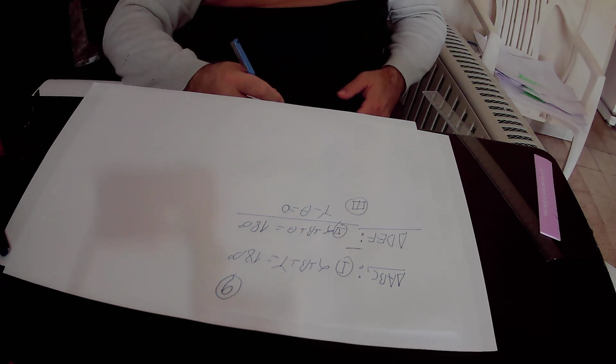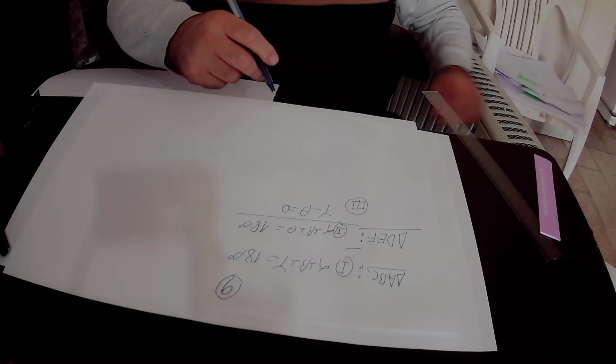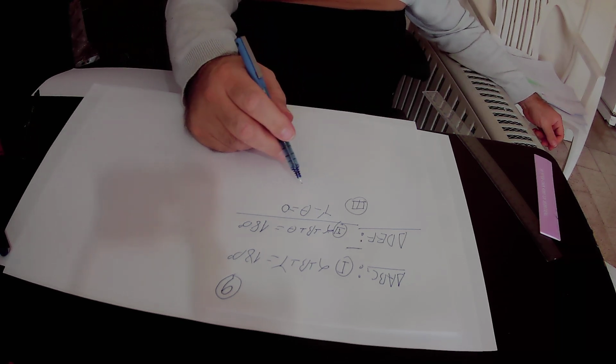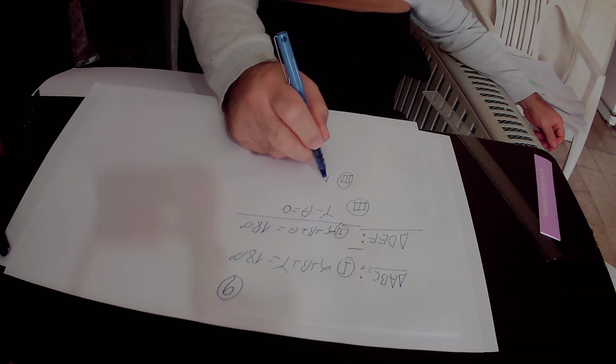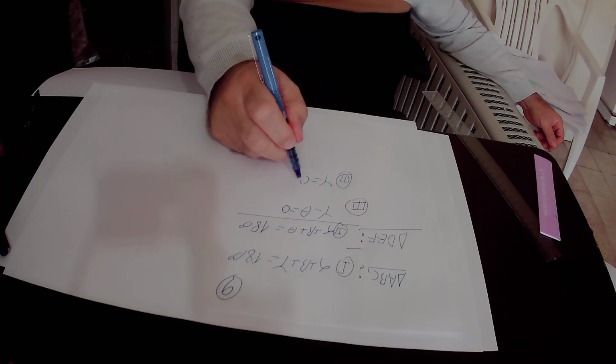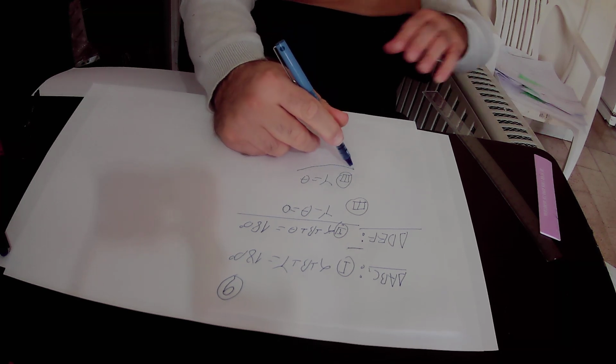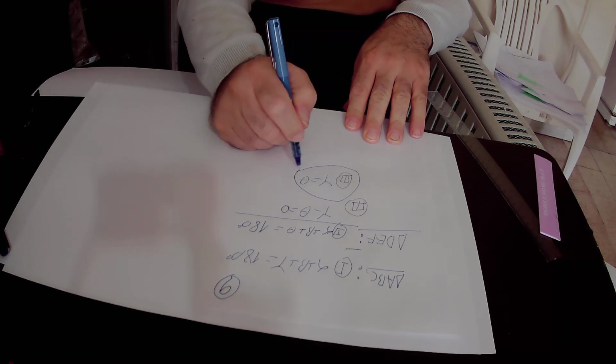Okay, here we will add theta to equation number 3, and we will get that angle gamma equals angle theta, and that is exactly what we wanted to prove.